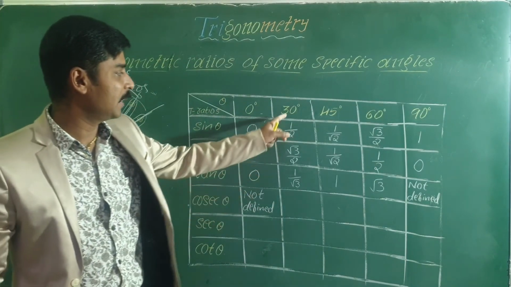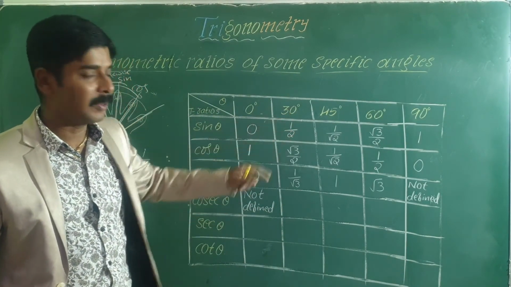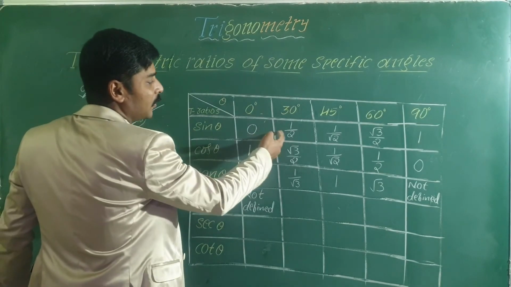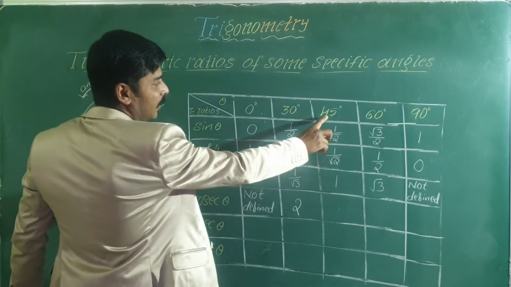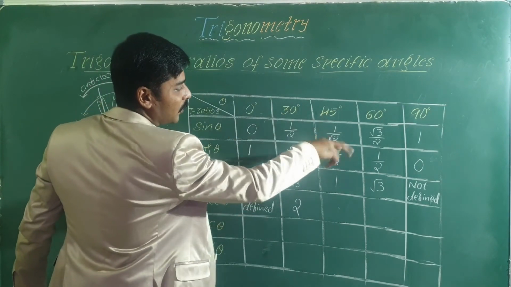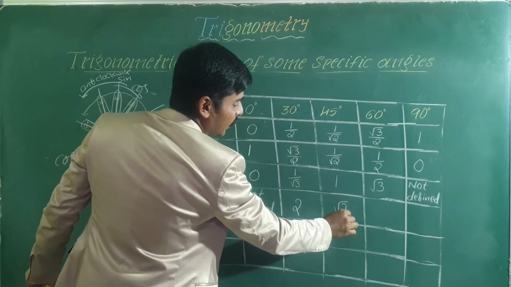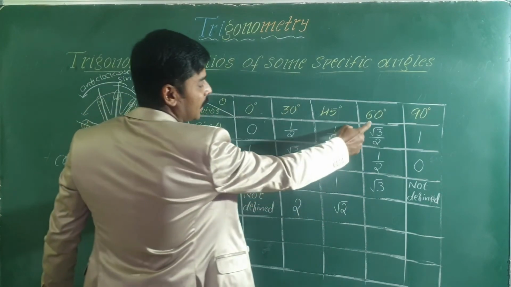Similarly, what is cosecant 30? It is the reciprocal of 1 by 2. Reciprocal of 1 by 2 is 2. Next, cosecant 45 degree. Reciprocal of 1 by root 2, that is root 2. Next, cosecant 60 degree.